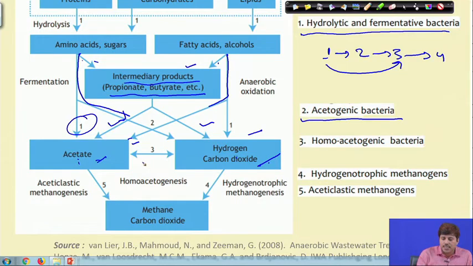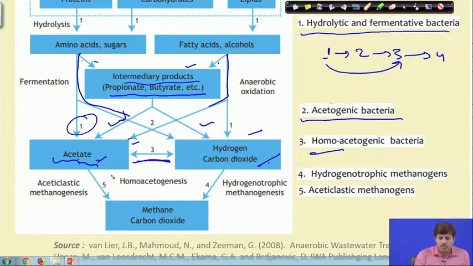Acetate and hydrogen are also interchangeable with the action of homoacetogenic bacteria. This homoacetogenic bacteria can convert acetate to hydrogen and carbon dioxide, or alternatively convert hydrogen and carbon dioxide to acetate.